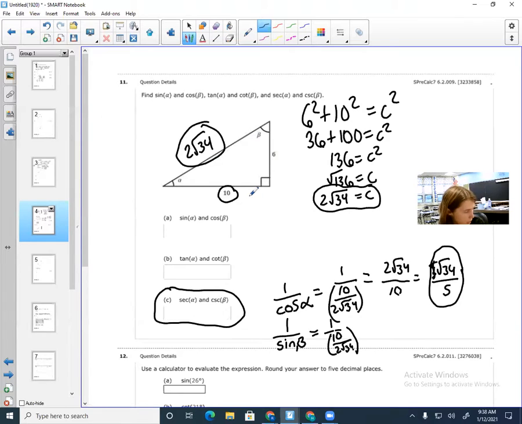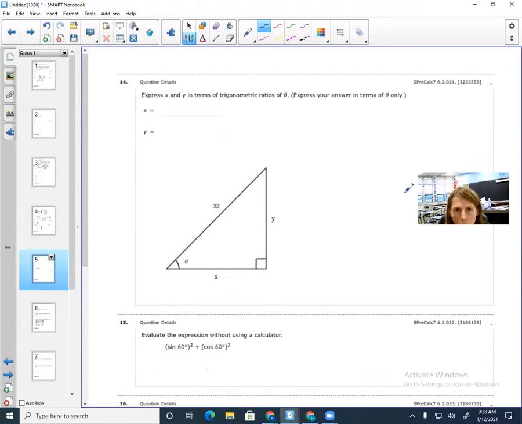All right, I'm gonna skip. I think the next one is kind of different. It's not hard, but 14 might stump you a little bit, just because you have to express it in X and Y. So if I look at my angle and I want to look at X, it is adjacent.